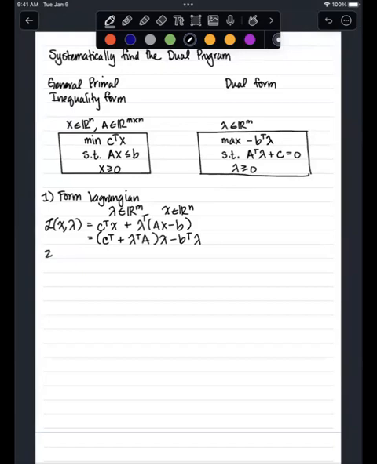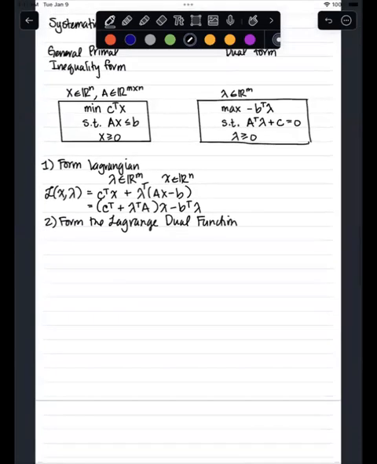So step two is now we're going to form the Lagrange dual function. This is going to be a function of lambda, and we're going to take the infimum over x of our Lagrange function.